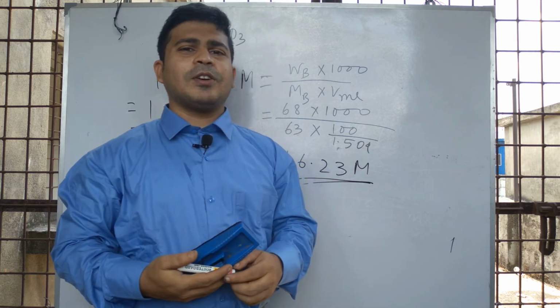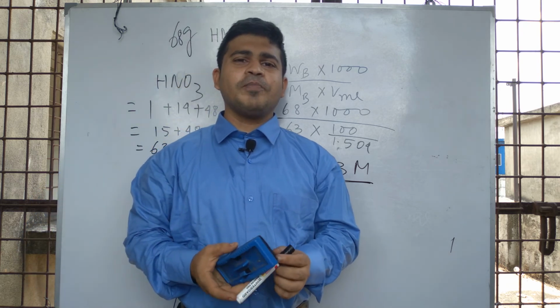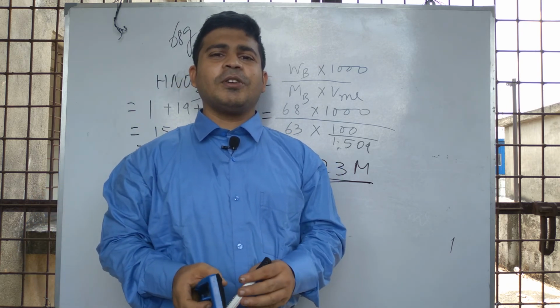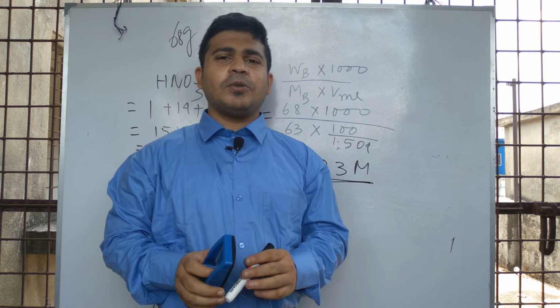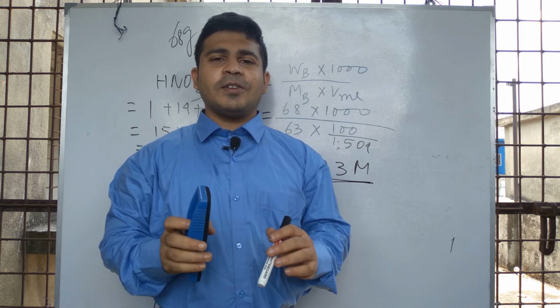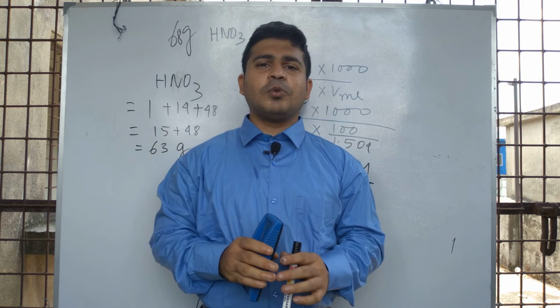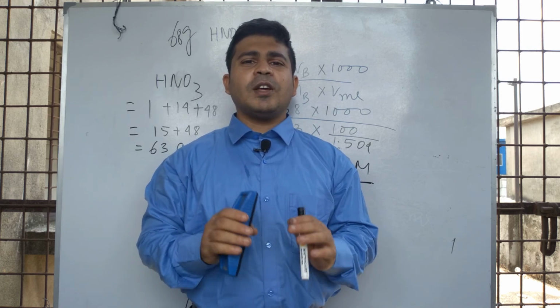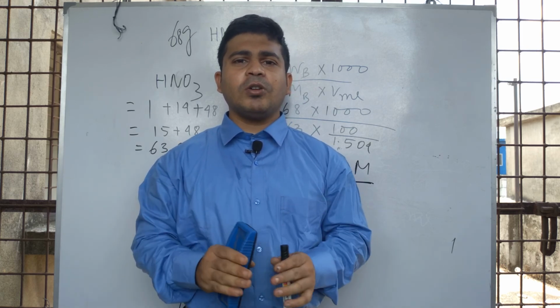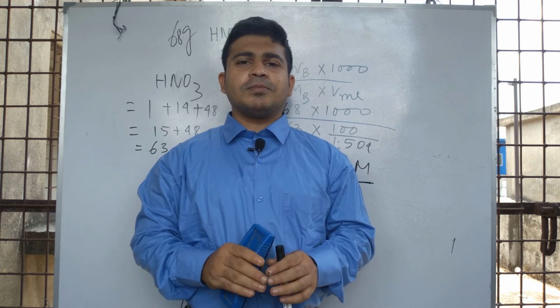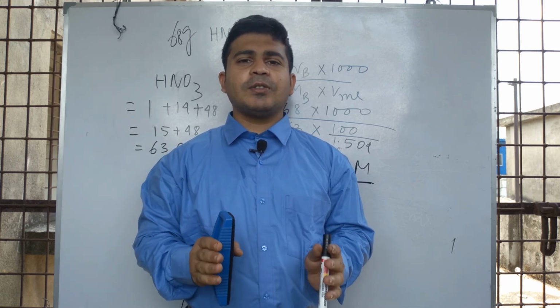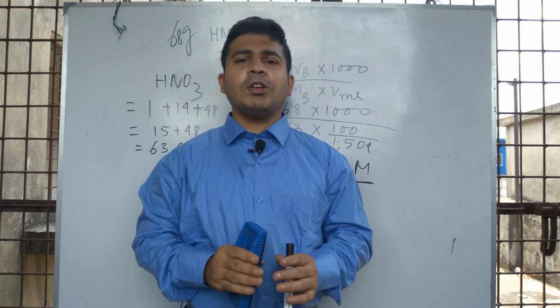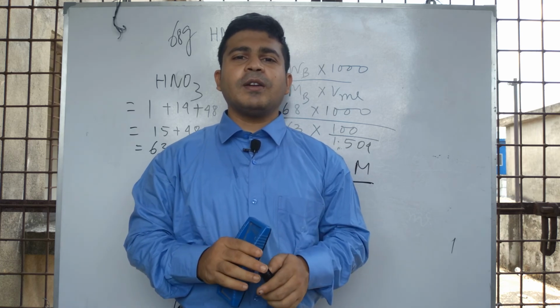And this is the discussion for molarity. I think you understand this topic. You have a clear picture about molarity. I am recapping this full discussion once more. Molarity is the number of moles of solute dissolved per liter of the solution, and it has the unit of mole per liter. And the most important factor is temperature.